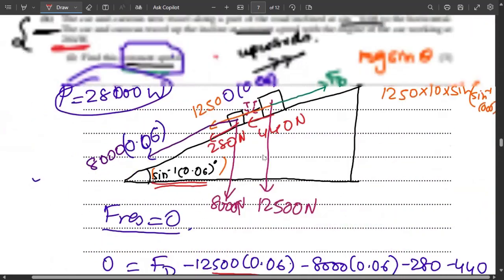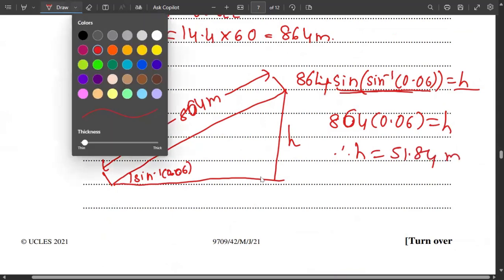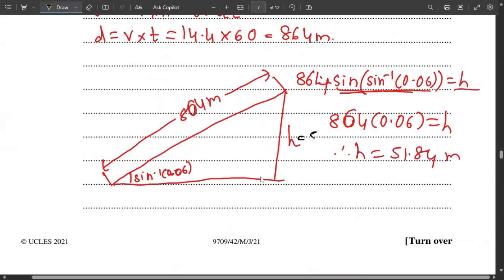How? Watch the video for B1 again. So 864 into 0.06 is 51.84 meter. That means the height is 51.84 meter.